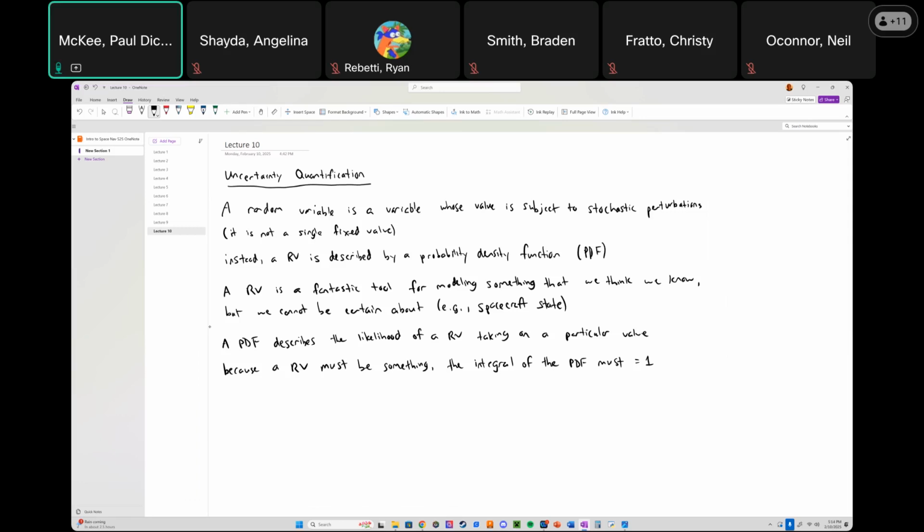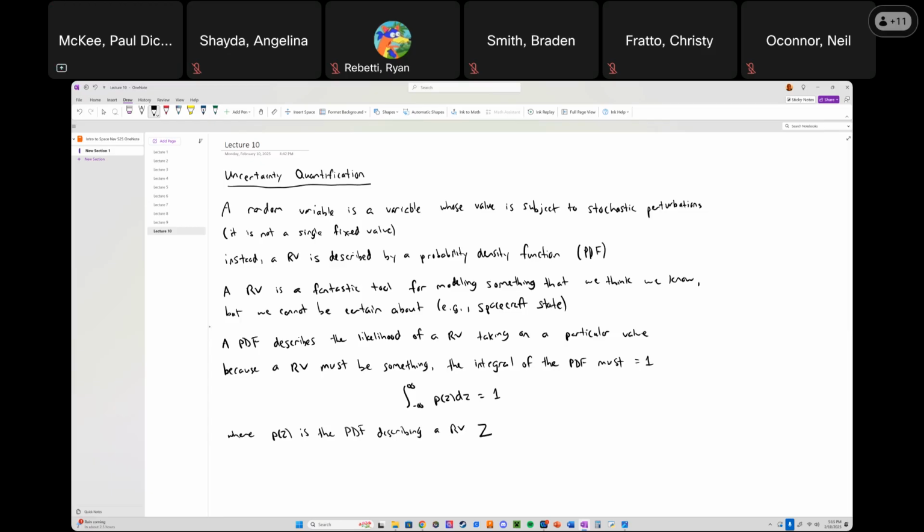So we'll say the integral from negative infinity to infinity of P of z dz is equal to 1, where P of z is the probability density function describing a random variable z.